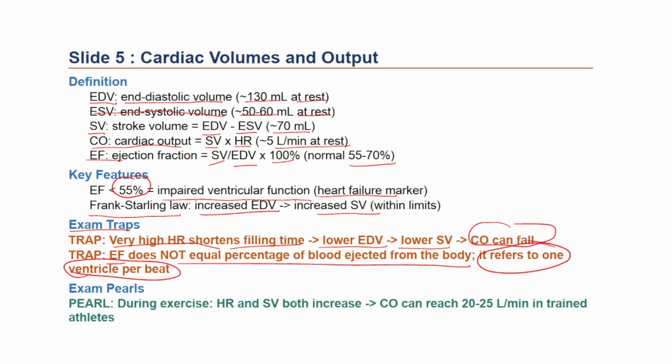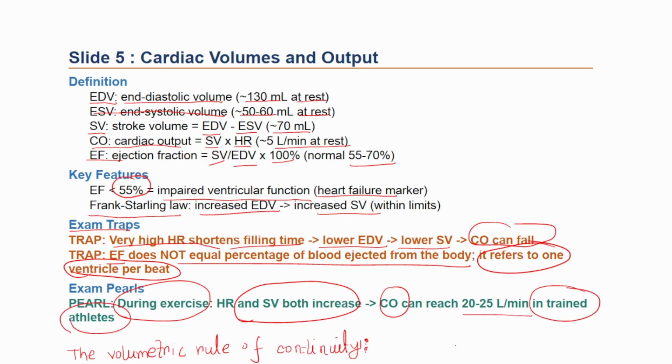To master performance shifts on high-yield exam questions, remember that during healthy physiological exercise, heart rate and stroke volume both increase simultaneously, allowing cardiac output to reach an impressive 20 to 25 liters per minute in trained athletes.